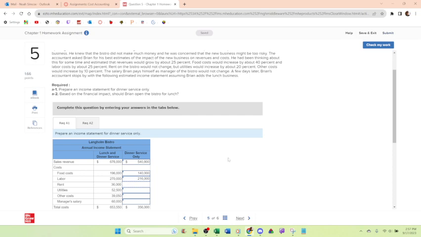Rent is the same. So 36. Utilities would be different, 1.2. Other costs, 1.135. Manager's salary is going to be the same.